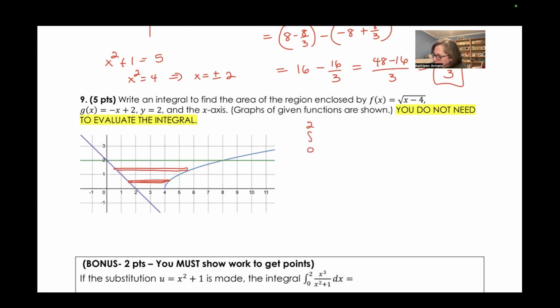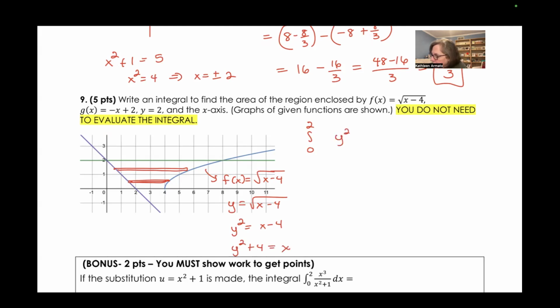All right, this function is f of x equals the square root of x minus 4. Remember, since I'm integrating with respect to y, I need to have the function solved for x. So I replace f of x with y, square both sides, and y squared plus 4 equals x.